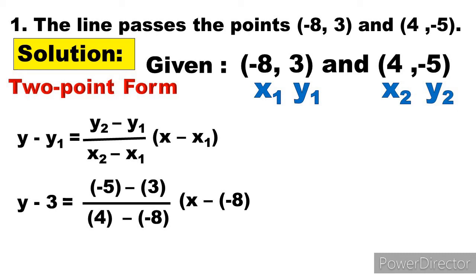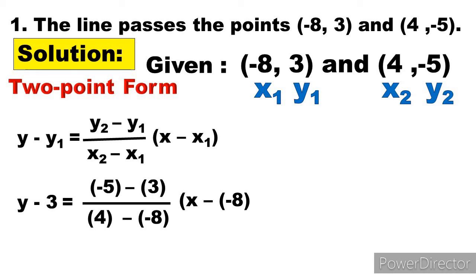And then, isa-substitute natin yung mga value ng x sub 1, y sub 1, x sub 2, y sub 2 doon sa formula ng 2-point form. Okay, so let's substitute. Una, i-rewrite natin ang y minus y sub 1. So, ang y sub 1 natin is 3 equals y sub 2. So, ang y sub 2 natin is negative 5.